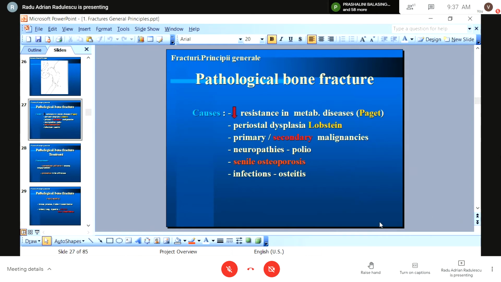The reasons for which a bone may get softened are different. For example, we have some metabolic disease.